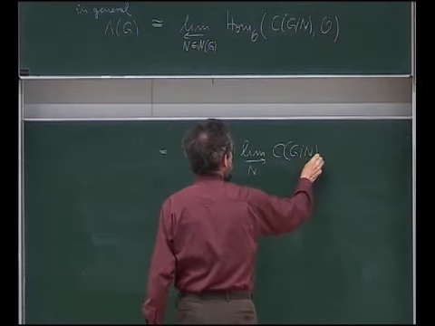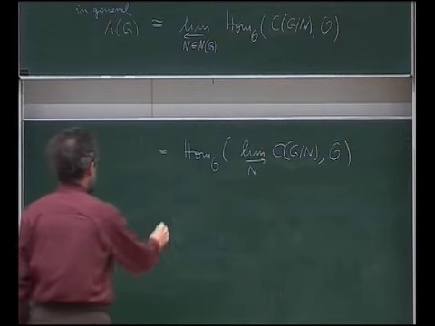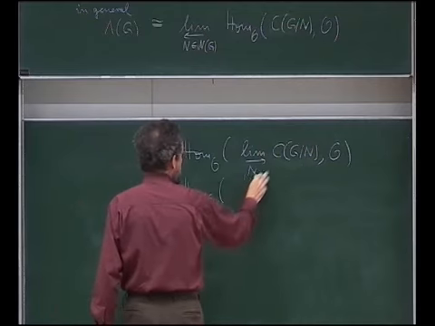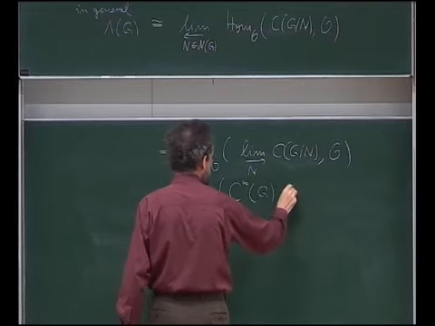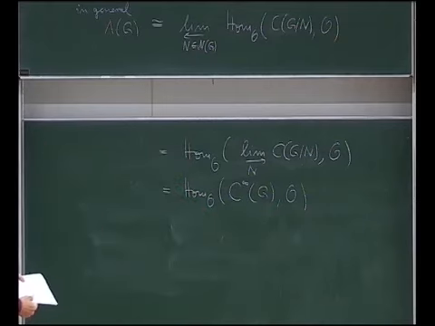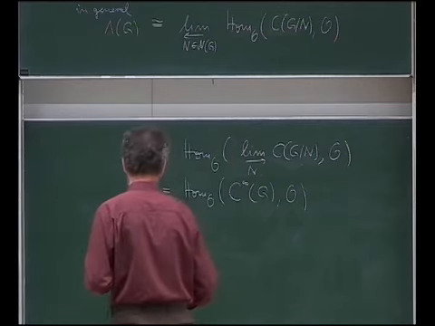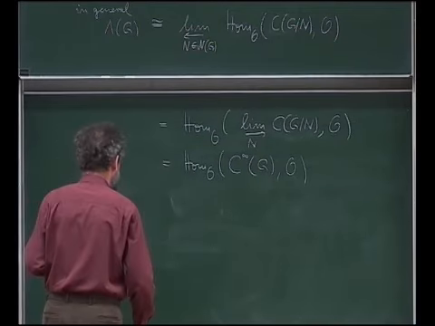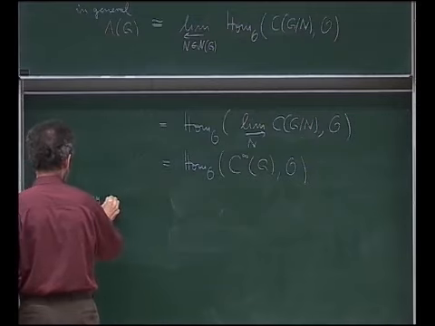This is the same as Hom O of the inductive limit of C(G/N) to O. And now, of course, the inductive limit here is just the locally constant functions on G. So I have this identification, which is, of course, pretty trivial.